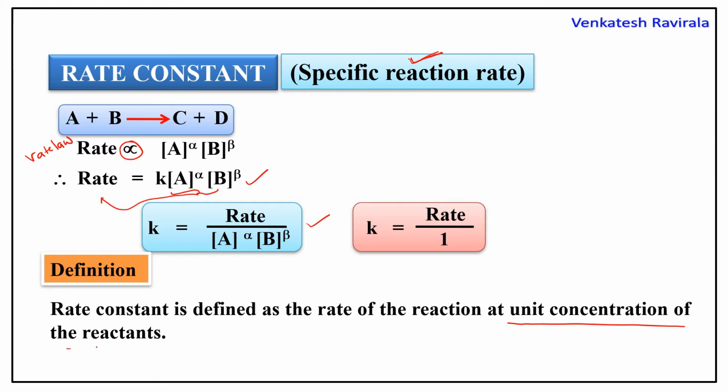In that case, K is equal to rate. What is the formula? The rate constant is defined as the rate of reaction at unit concentration of reactant. If the concentration of reactant is unit 1, then K is equal to rate. Now rate of reaction will equal the rate constant, isn't it? This is the definition.